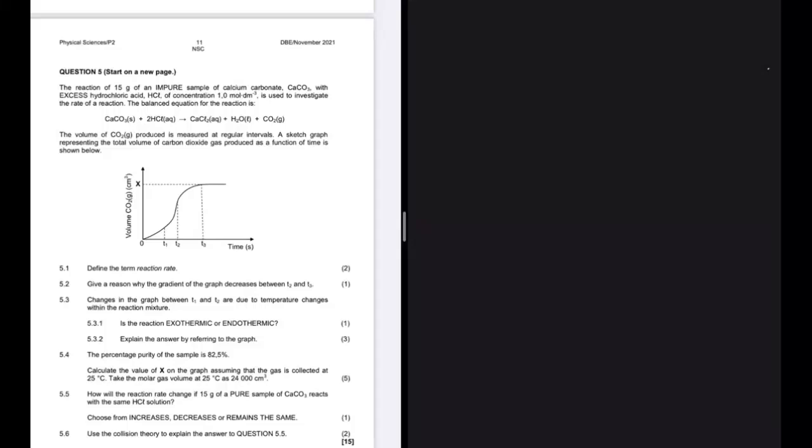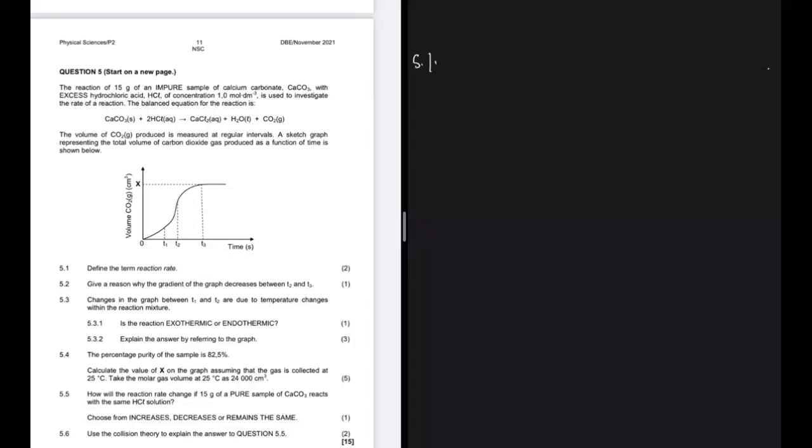It goes on to say that the volume of CO2 produced is measured at regular intervals. And then we have the sketch with the volume of the CO2 on the y-axis and the time on the x-axis. And then the first question, 5.1, says define the term reaction rate.